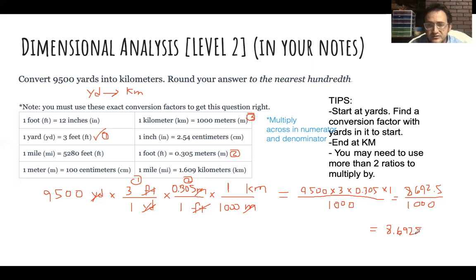And if you put that in Delta Math, it would mark you wrong because they want to the nearest hundredth. So your final answer would be 8.69. So make sure that you are paying attention to how they want you to round it. But when you are doing the SAT though, they'll probably give you multiple choice with the proper number of decimal places. And make sure that you put units in to keep your science teacher happy. So that would be 8.69 kilometers.